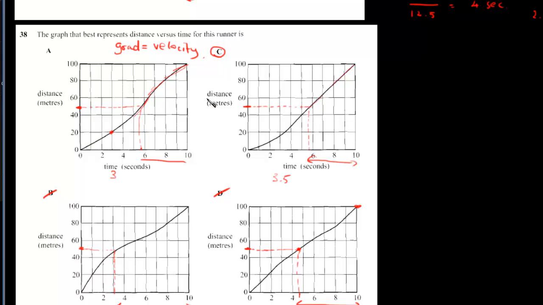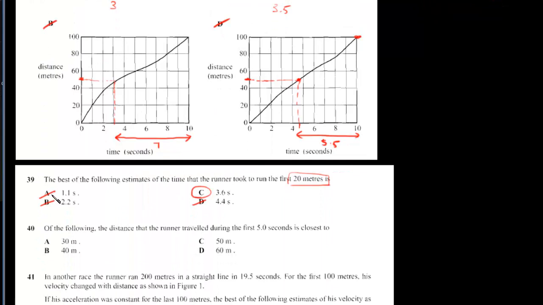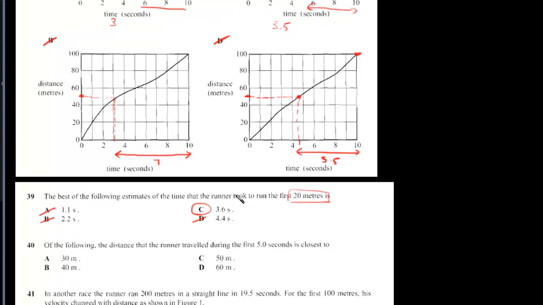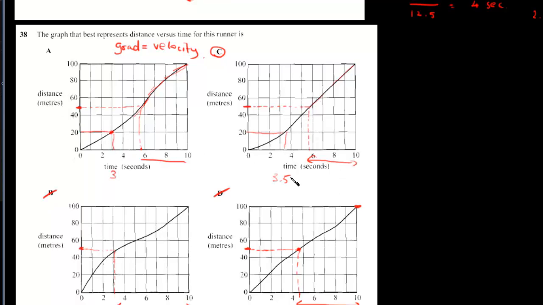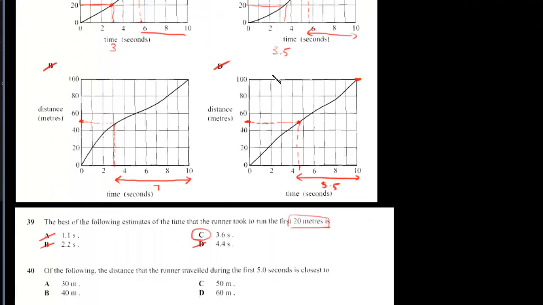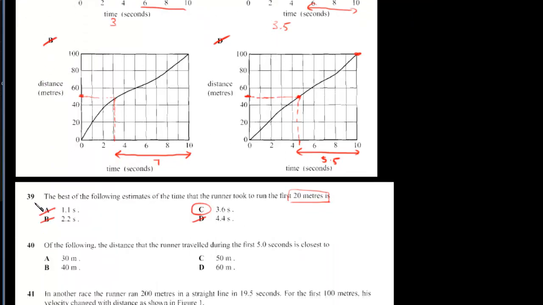We were sort of unsure between these two, but because choices A and B are not making any sense, this is the only answer, and that's telling us that instead of 3, this one must be correct, 3.5. So that's about 3.5. This is about 3. So yeah, these two questions are sort of supporting each other. This tells you the answer for that one. This tells you the answer for this one.